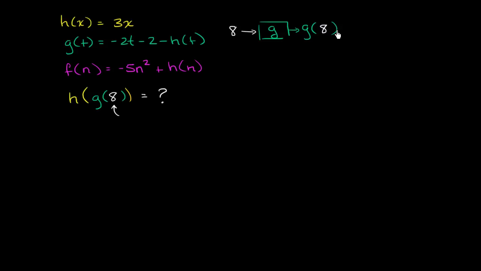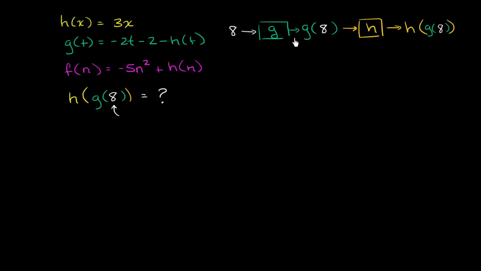And then we're going to take whatever value that is and input that into the function h. And what we will have will be h of g of 8. So let's just do it one step at a time.